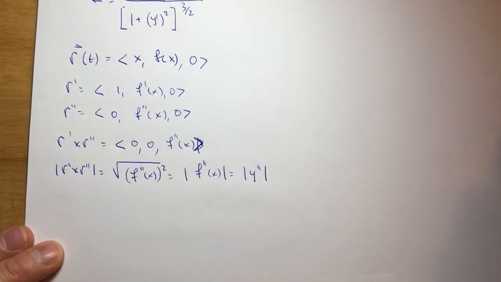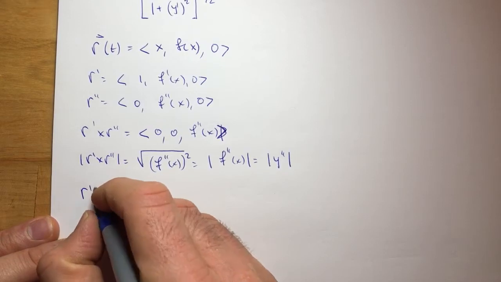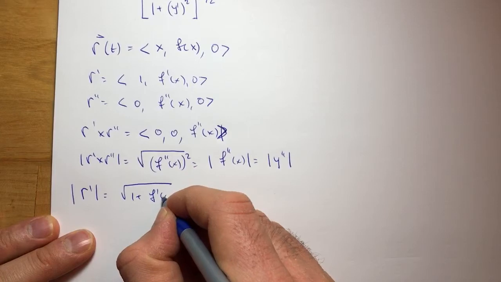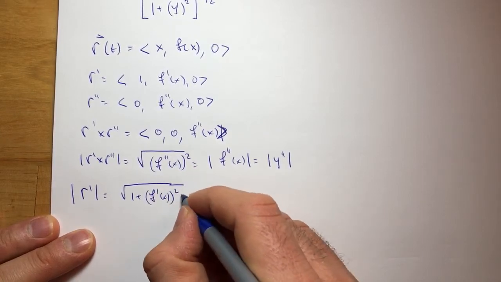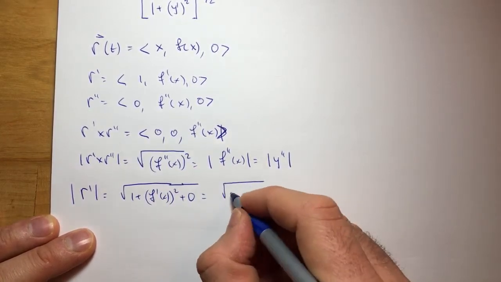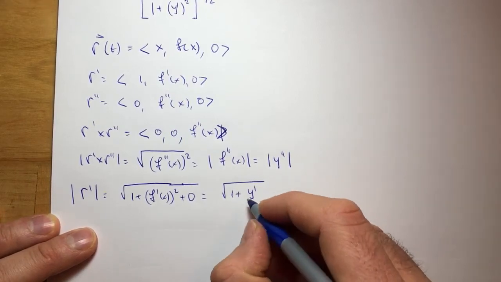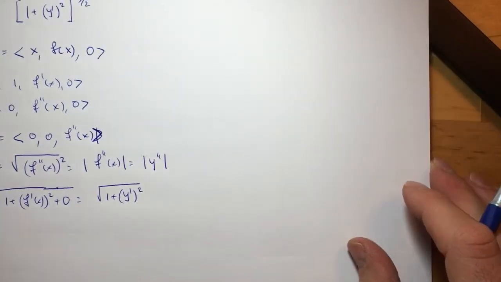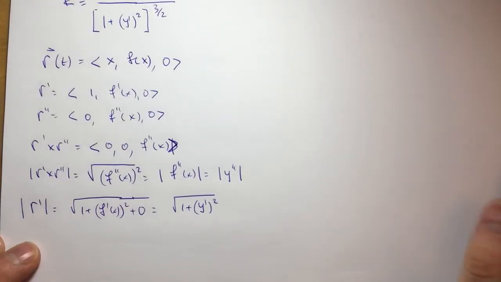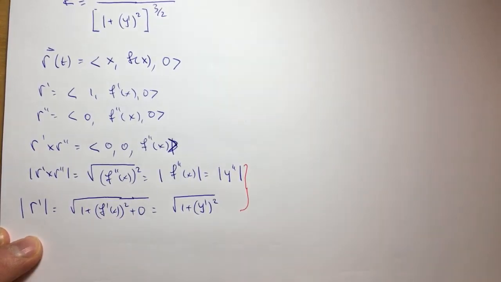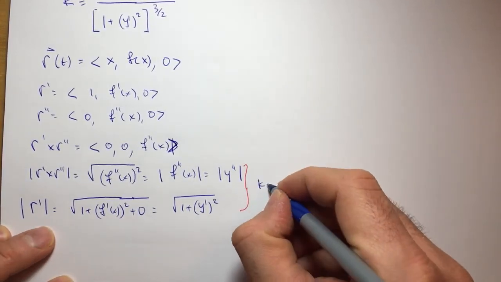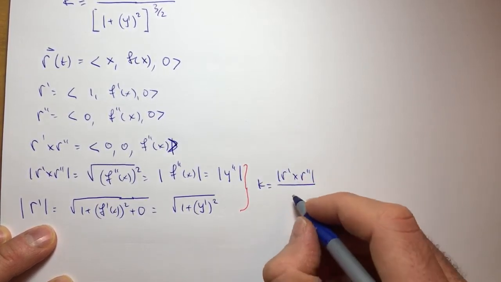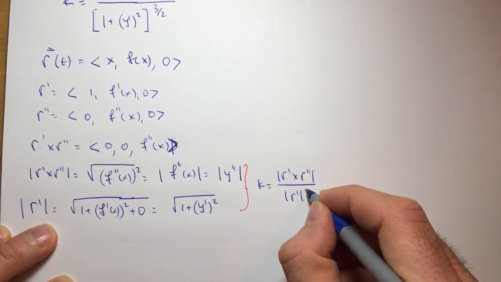And then all I have to do is figure out how much is the magnitude of r prime. It's square root of 1 plus f prime of x squared plus 0, right, which can be written as square root of 1 plus y prime squared. From here, k is equal to the magnitude of r prime cross r double prime, over the magnitude of r prime cubed.